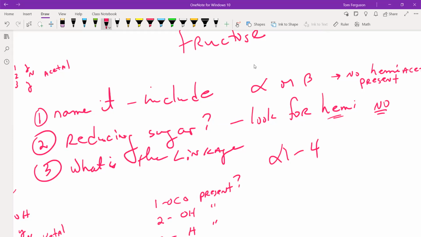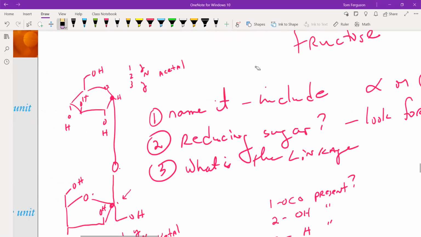Okay, what's the linkage? Let's look at the linkage now. Remember, the linkage always has 2 parts. So we're starting with the anomeric carbon up front, or on top, I mean. So that's going to be the OH, when it started, is in the alpha position, and it's anomeric carbon number 1. So the linkage is going to be starting with alpha 1.